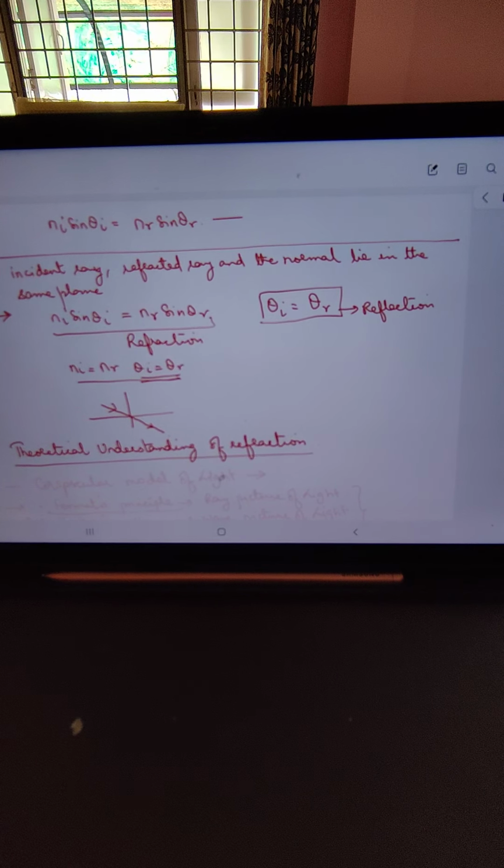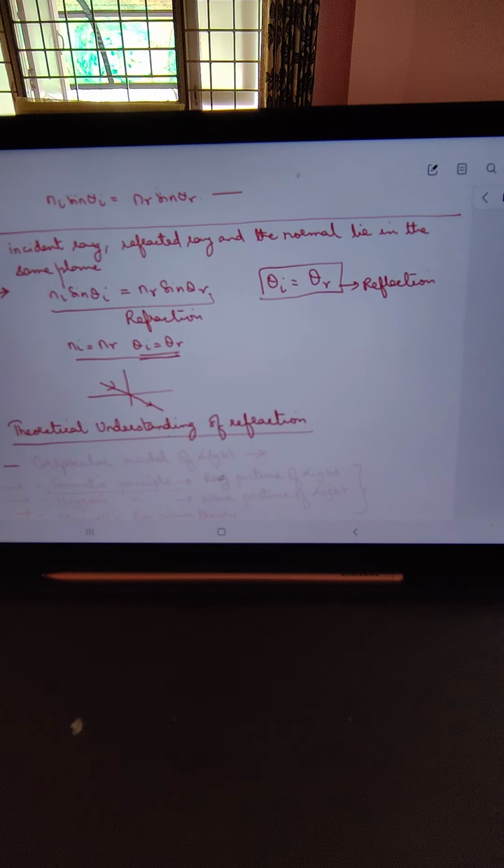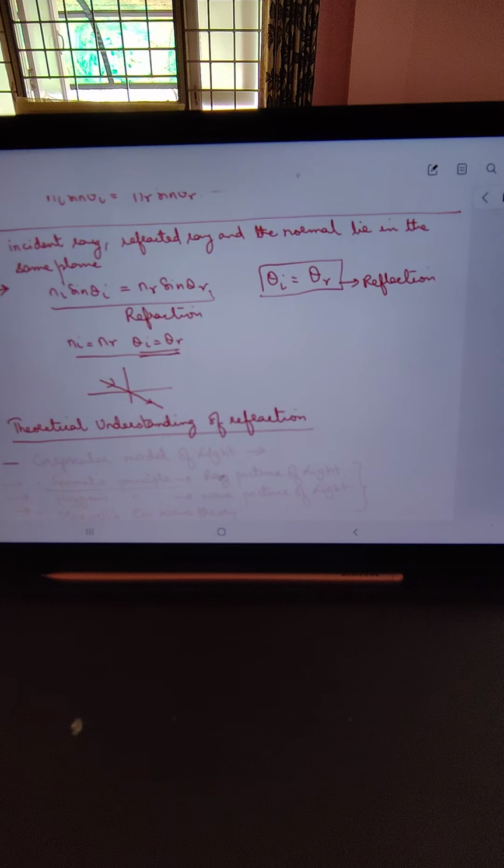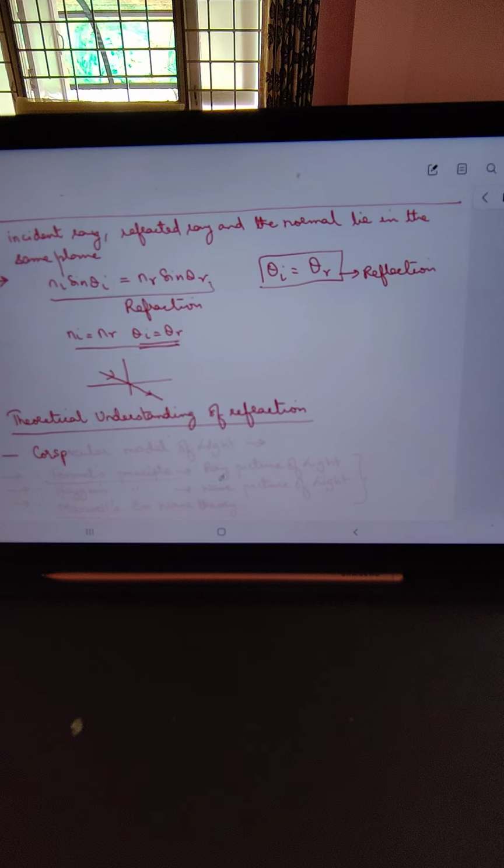So, theoretical understanding of refraction. Newton came up with his corpuscular model of light to explain refraction. That was the first attempt, and a flaw was found out later on that it was not working. So we are not going to go into this model of light.